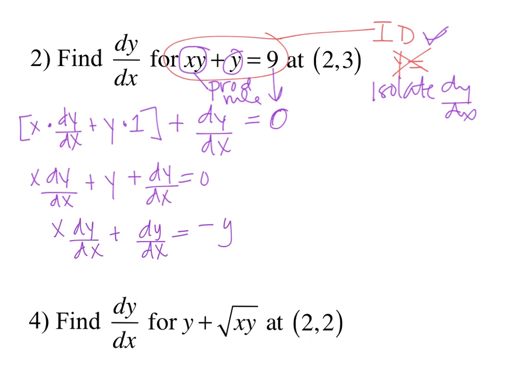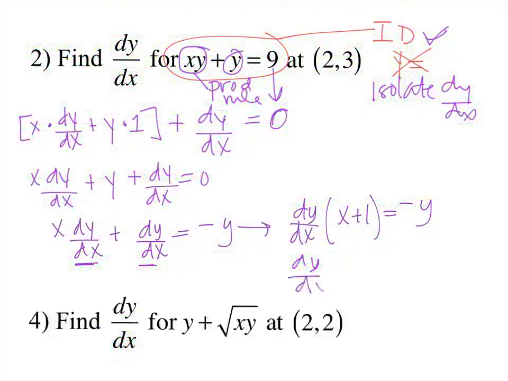I'm going to factor out a dy dx. So dy dx times x plus 1 is equal to negative y. dy dx is equal to negative y over x plus 1. There's our first derivative of that equation.